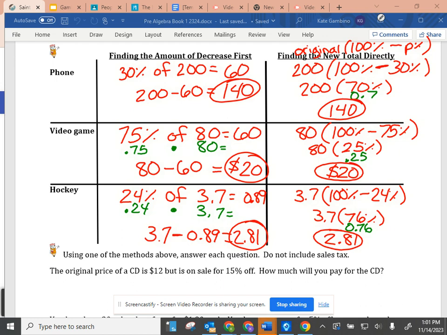There's supposed to be 2 of them. So. Any questions on the decrease? What does he do?